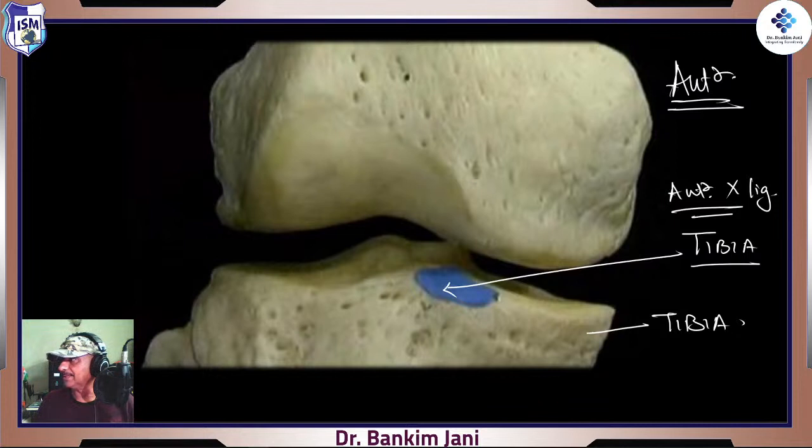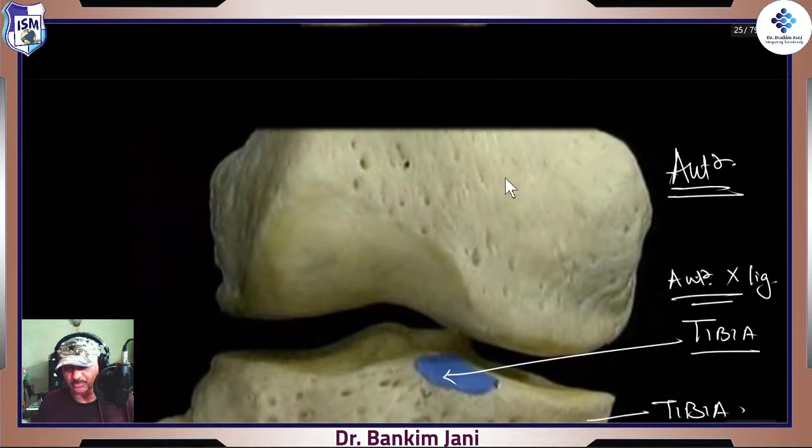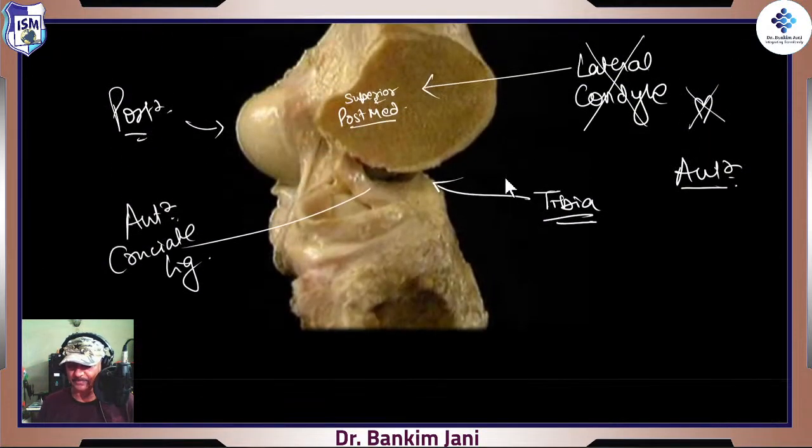Now, what are you asking? In the previous picture, we saw cruciate emerging from the anterior part of femur. Which one? Anterior cruciate ligament from the anterior part of femur? No way. Not possible. Gaurav, take care. We are just dealing with anterior cruciate ligament. The anterior part of femur is here. Cruciate ligament will never come over there.